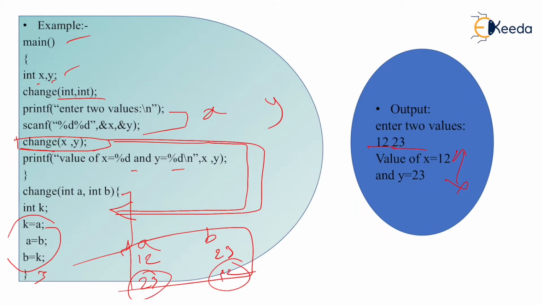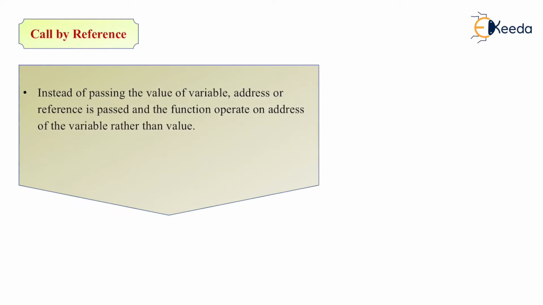So call by value is nothing but creating a copy for the calling function. Fine, it's very easy. Next, call by reference. Instead of passing the value of a variable, the address or the reference is passed, and the function operates on the address of the value rather than the value.